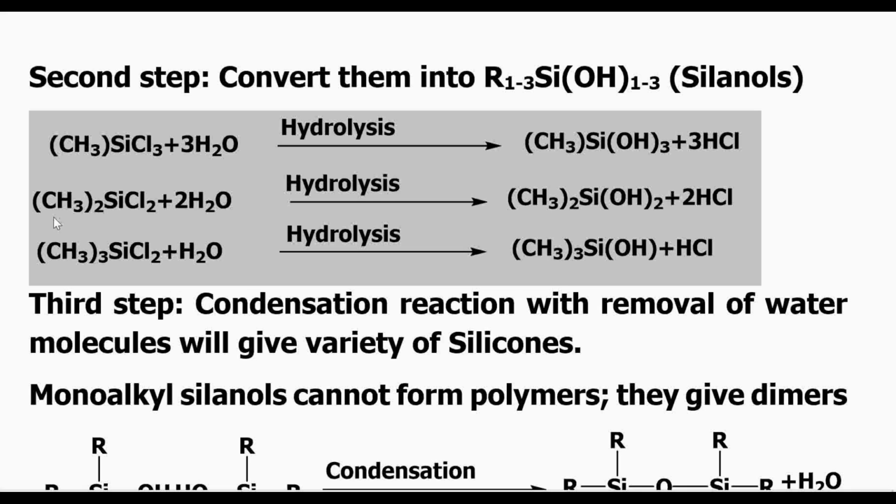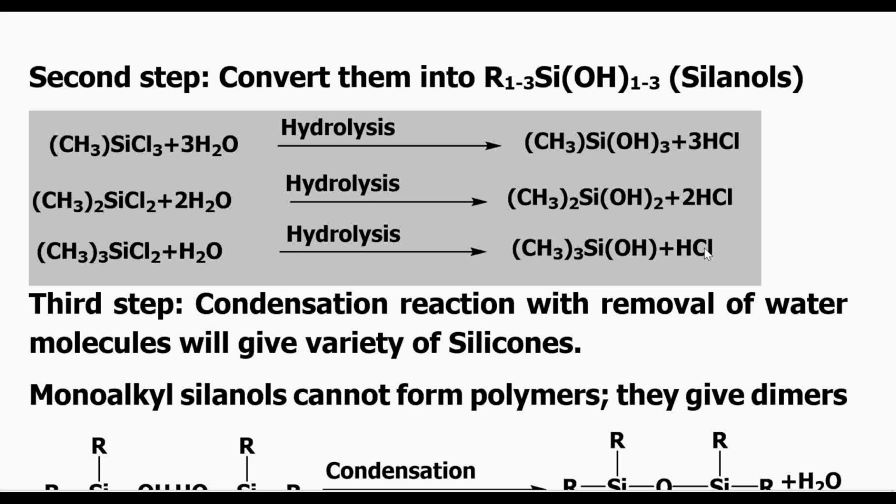If you take dimethyl silicon chloride and react it with 2 moles of water, then this hydrolysis will give you dimethyl silanol. In the same way, if you take trimethyl silicon chloride and react it with 1 molecule of water, then you will obtain trimethyl silanol along with HCl as the byproduct. So that is our second step.